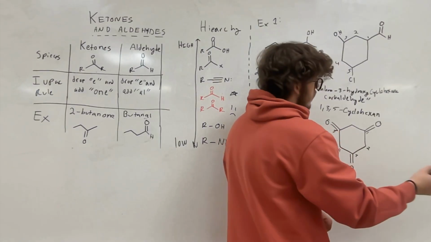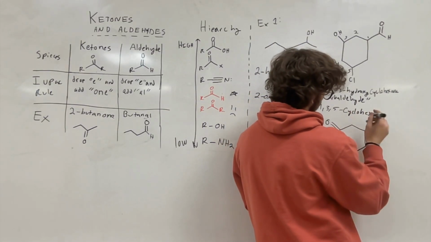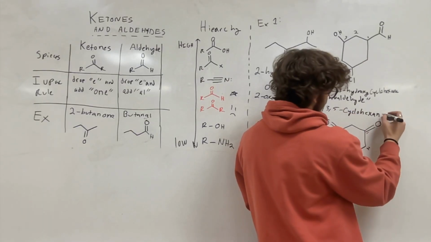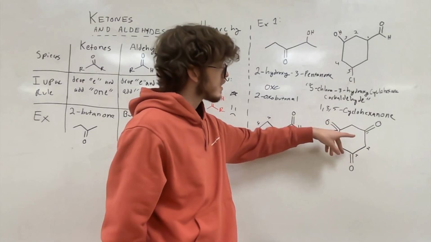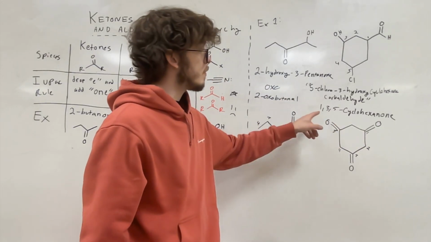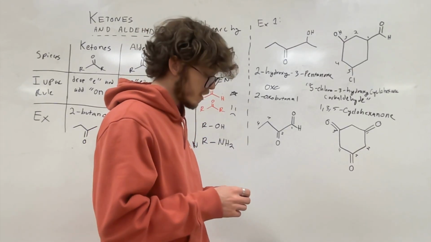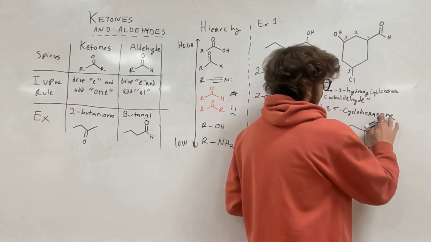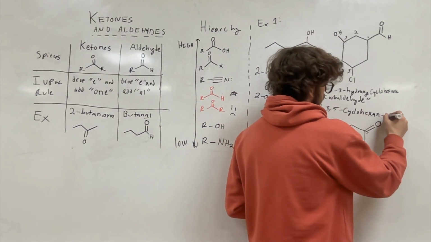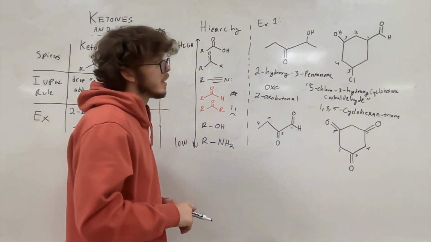Drop the E, add one, but signify that, so you're saying 1, 3, 5-cyclohexane. This tells you that there's a cyclohexane ring, and coming off of 1, 3, 5, there are respective carbonyls there. Or sorry, we would say cyclohexanetrione. So that's how we name that.